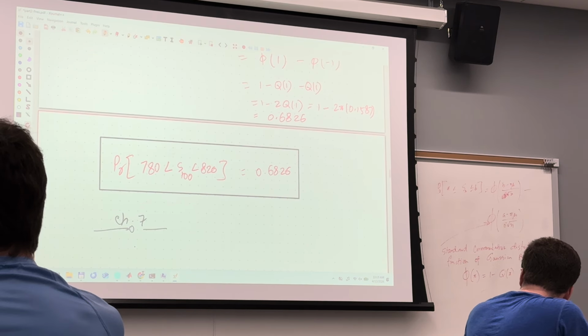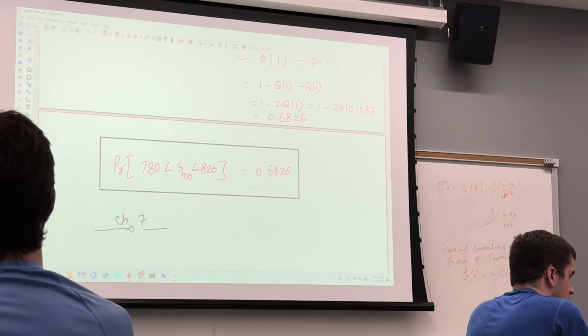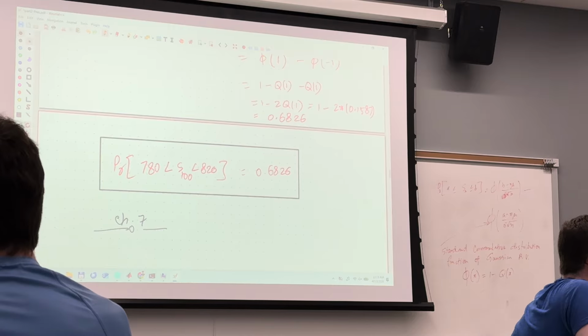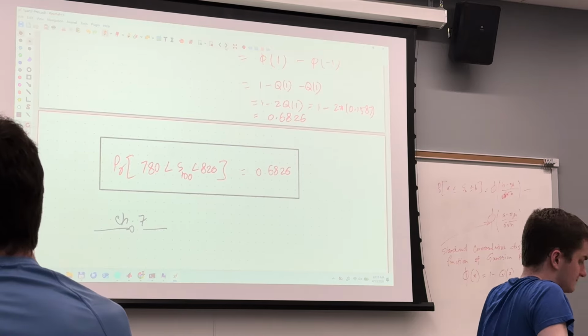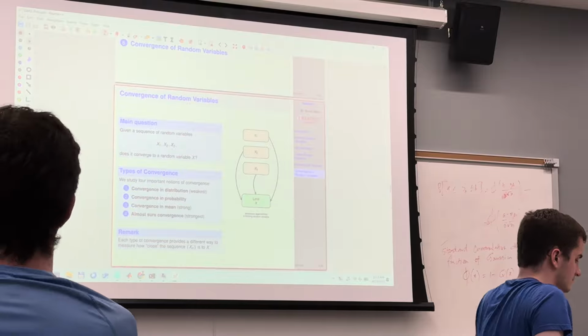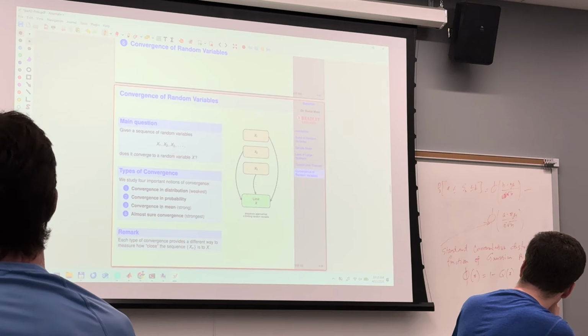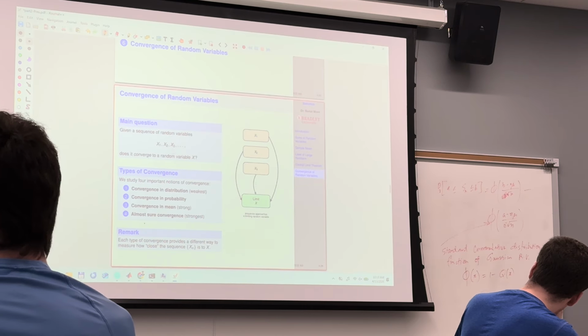There are some advanced topics that I utilized when I worked for the government: convergence in distribution, convergence in probability, and almost sure convergence.